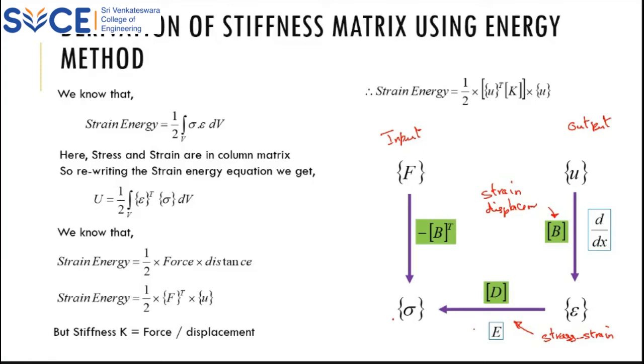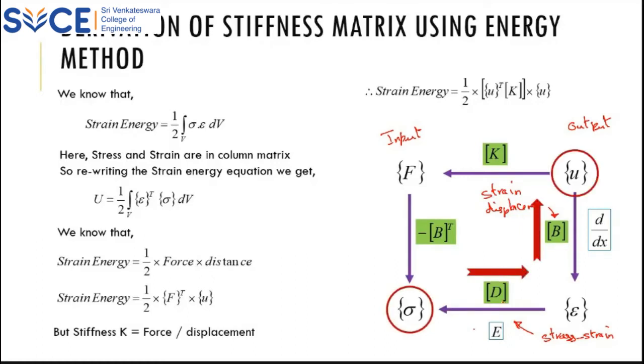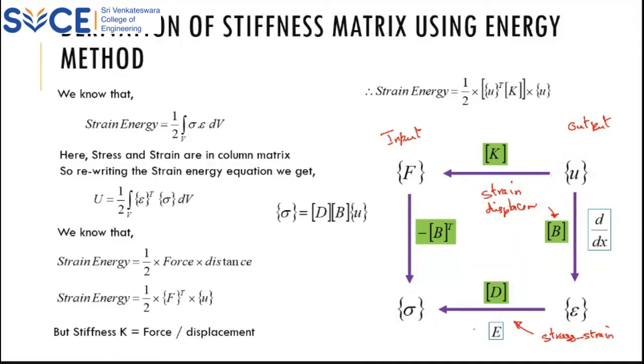If I want the stress value, it can be identified by the D matrix, B matrix, and U matrix. This is the formula to identify the stress: stress is D matrix into B matrix into U, so DBU.